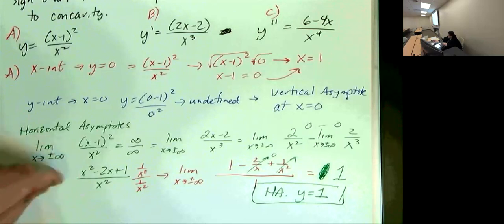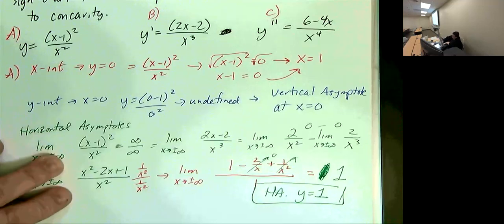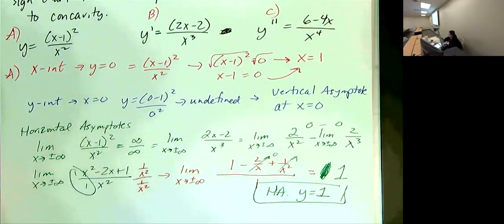If the top is bigger by 1, you're going to have an oblique or slant asymptote. If it's more than 1, it just skyrockets to infinity at a rate that you can't really track very well. But it's the same as the ratio of the coefficients.